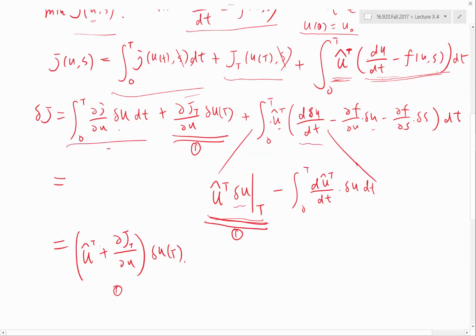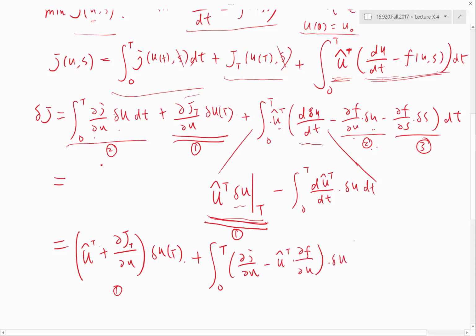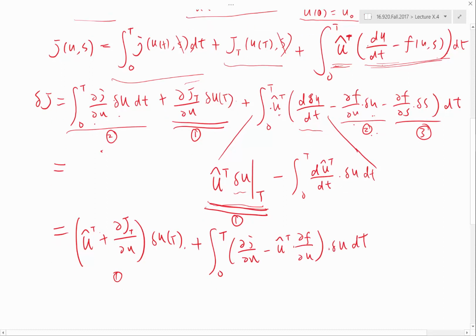Now every other thing that depends on delta u, right? These two are going to be combined to form the second term, and this, that doesn't depend on delta u, is going to form the third term. So let's first do the second term integration. Delta J, delta u, that's over here, and also I have a minus û of t partial f partial u, this guy, times delta u dt, right?